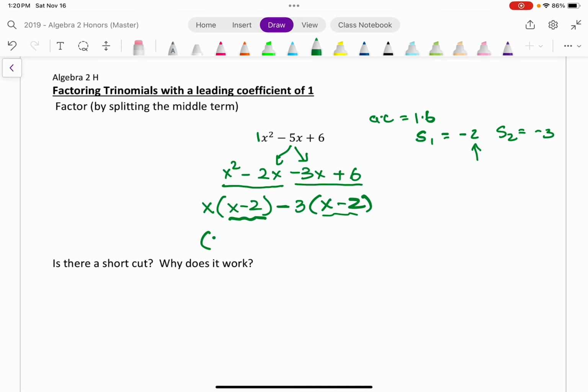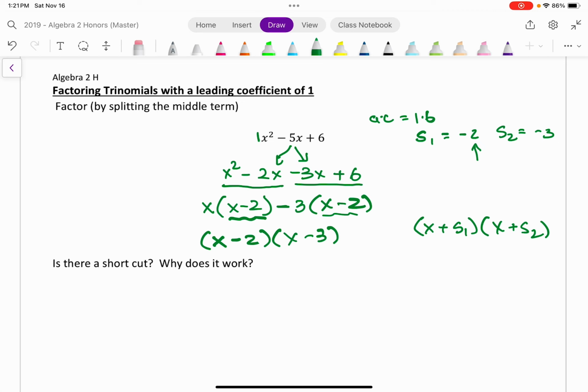But look here, I get x minus 2 times x minus 3. So essentially, it's x plus split 1 and x plus split 2. So if I just know the splits, the way to split the middle term here, I can just write x plus whatever one is and x plus whatever the other one is. In this case, they both happen to be negative.